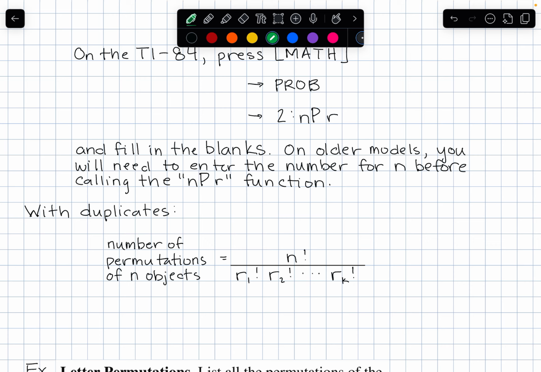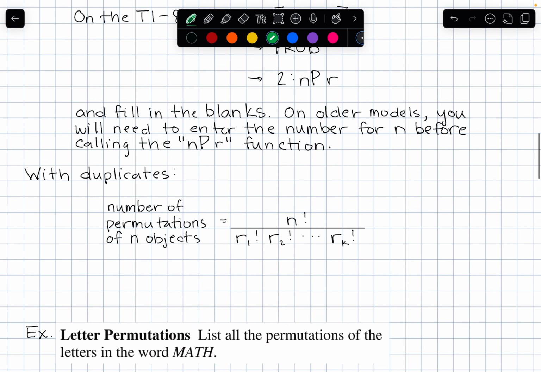So in that case, we do n factorial divided by r1 factorial times r2 factorial times all the way to rk factorial, where r1 is the number of times object 1 is repeated. And if I were to add all of those r's together, I should get the total number of objects.